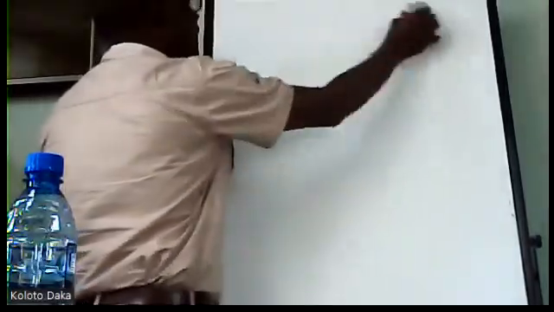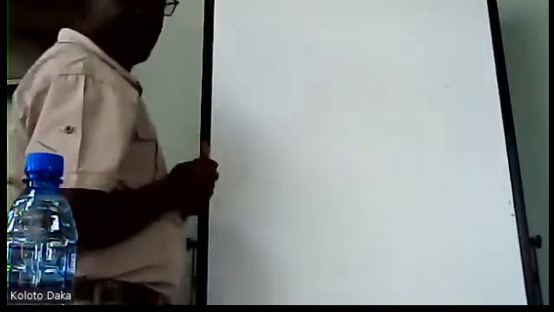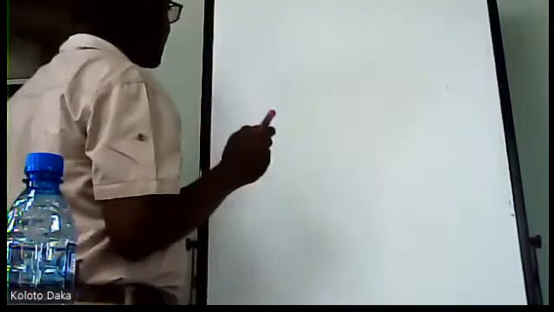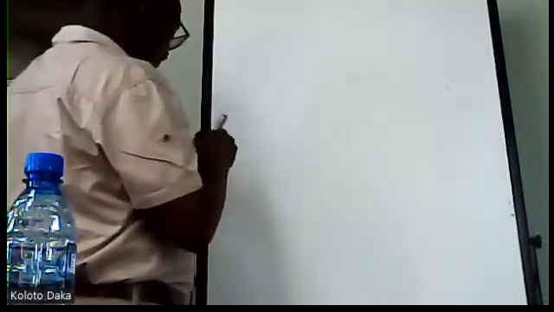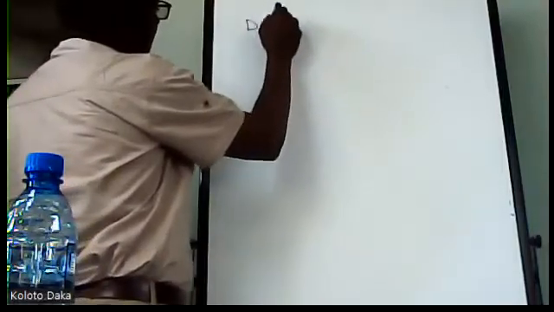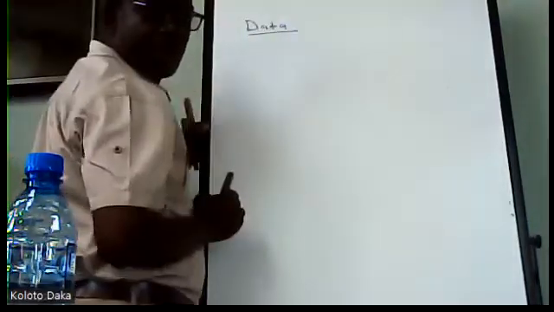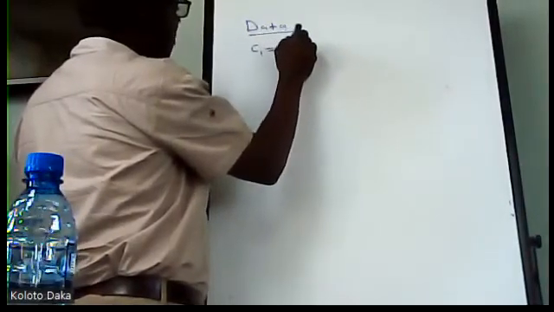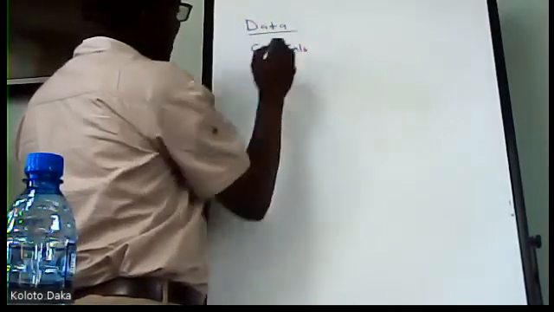Okay. Question 1 reads, air enters a gas turbine system with a velocity of 105 meter per second. So data, air enters. So C1, 105 meters per second.